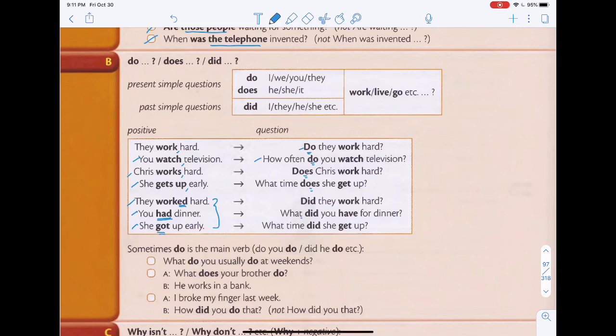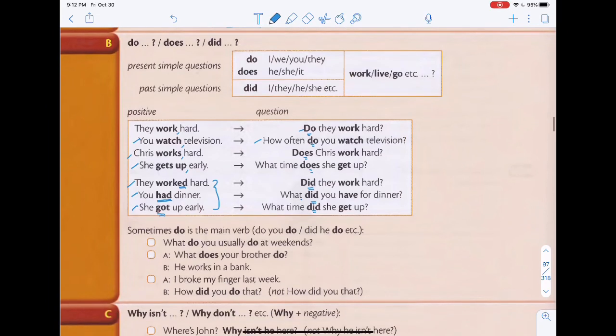All these are past tense, but got is special because the present tense of got is also got. But she got up early means she's already woken up, so you understand that it is spoken in the past tense. Because all these are in past tense, when you change it to a question, you will use did. So when you're doing your exercise, you have to look at the example and see if they're using present tense or past tense to say the statement. Then when you change it, you can choose for yourself whether you need to use do, does, or did.